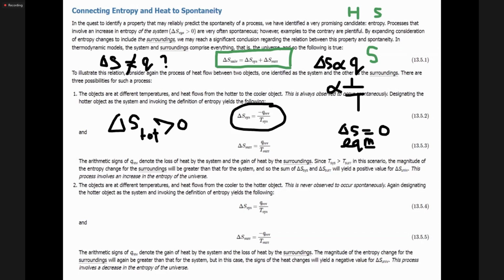So as you can see, Q reversible is in both cases.